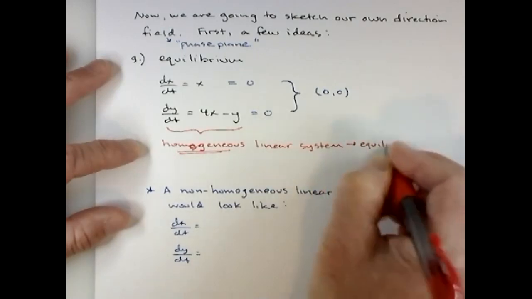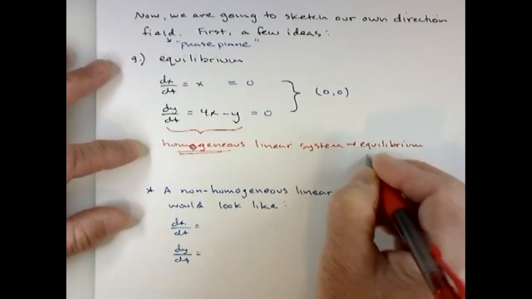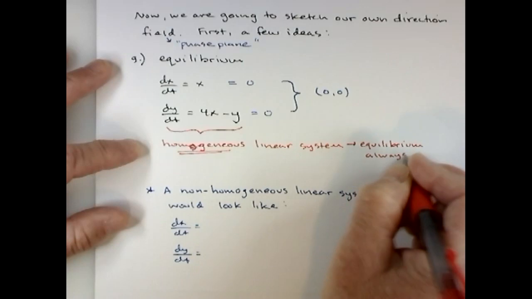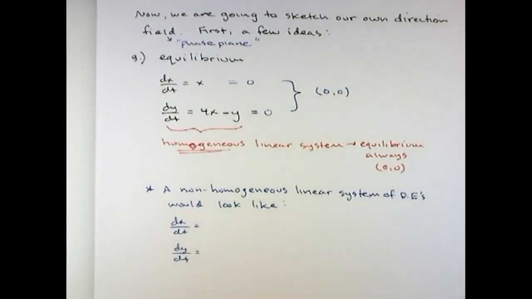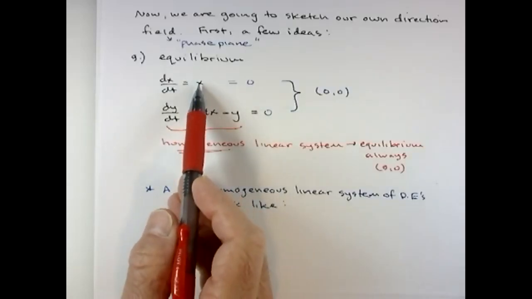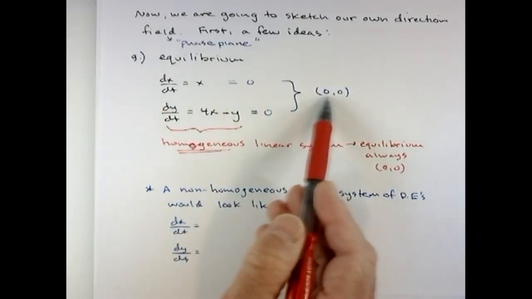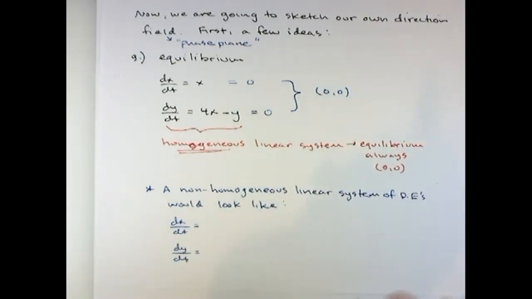And this is what we're going to spend most of our time and energy on, when the equilibrium is 0, 0. It kind of makes sense, right? If you start with no whales and no suckerfish, then you're never going to get any more. The system would stay at equilibrium.